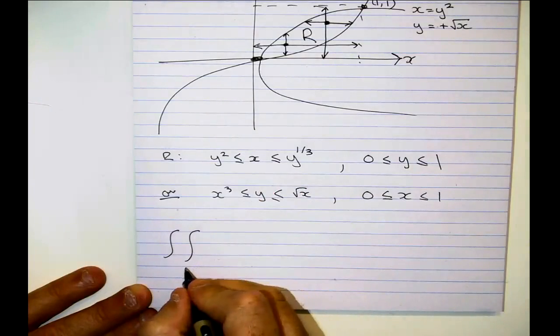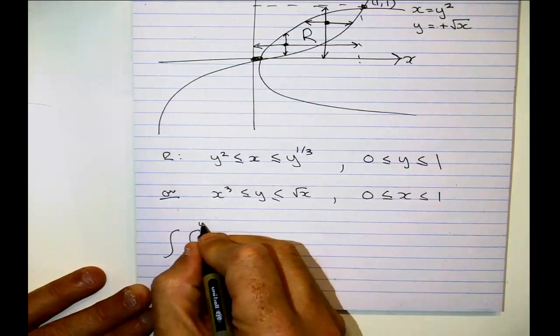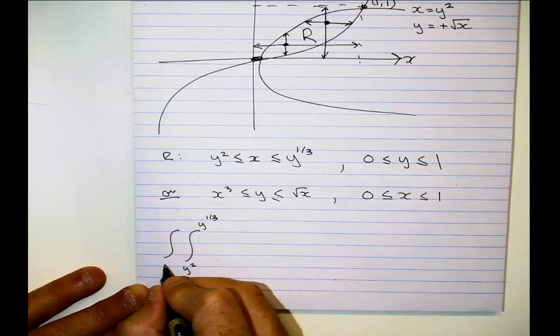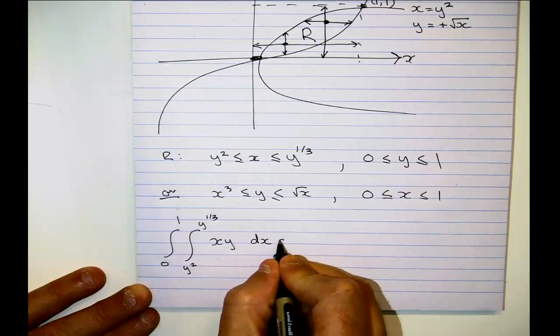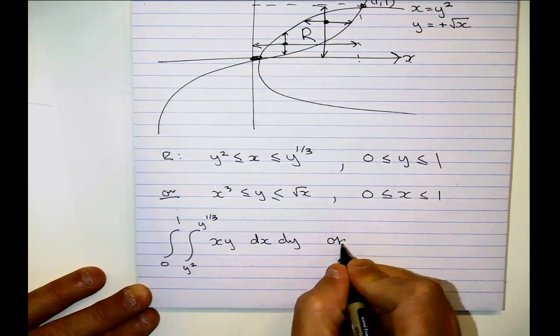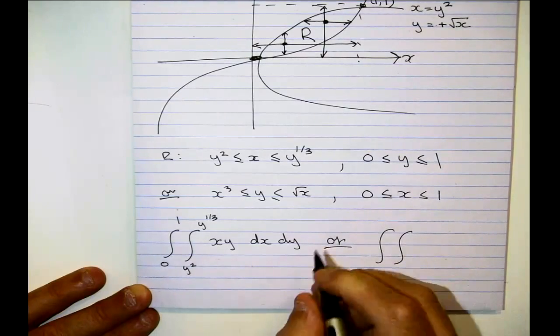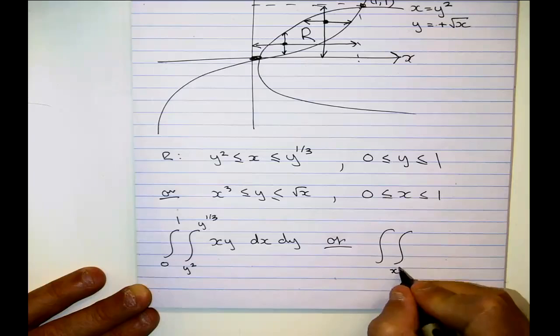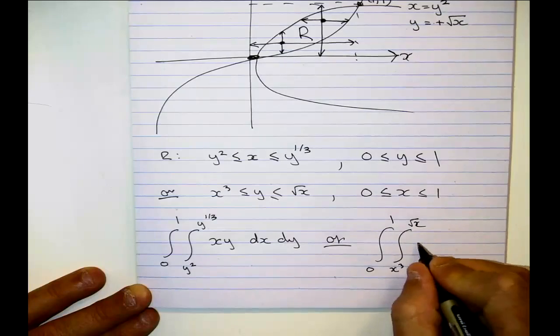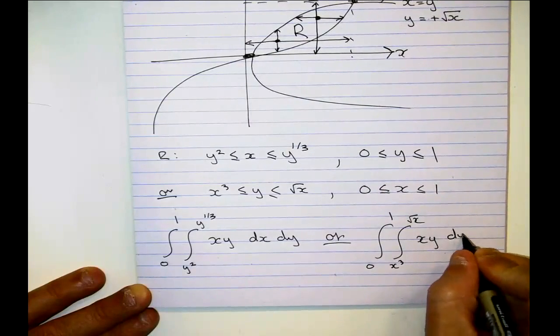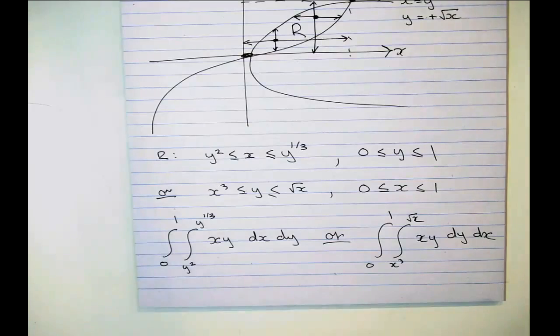If I'm going to do x first, then y, or I could do y first, then x. And they will both, in theory, give the same answer, provided you can do the integral.